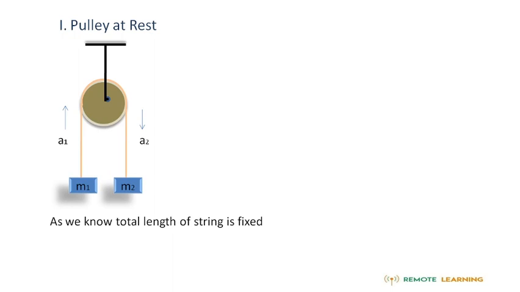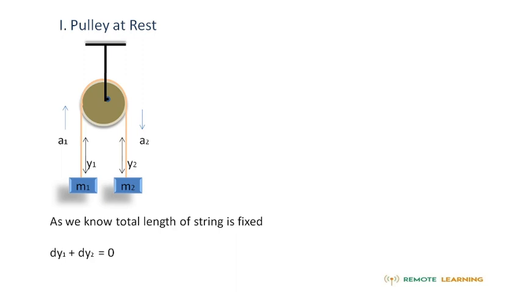So here is the first case, pulley at rest. As we know, the total length of the string is fixed, with y1 the left portion length and y2 the right portion length. We can easily say that y1 plus y2 will be constant. In fact, we can also say that change in y1 plus change in y2 will be 0.